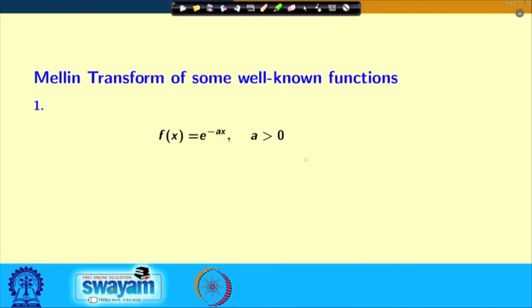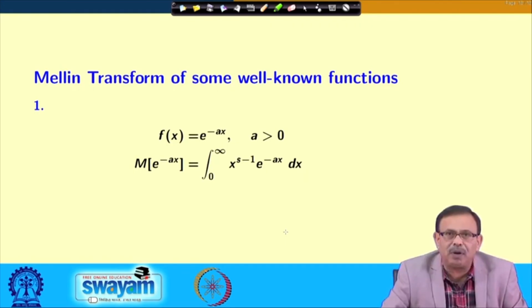Just see this one. Your function is given like this, f x equals e to the power minus a x. Whenever I am taking the Mellin transform from the definition, as we know, integral 0 to infinity x to the power s minus 1 into f x dx. Here your f x is e to the power minus a x. So, I will obtain integral 0 to infinity x to the power s minus 1 e power minus a x dx.